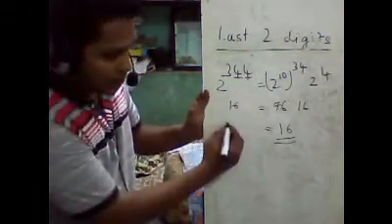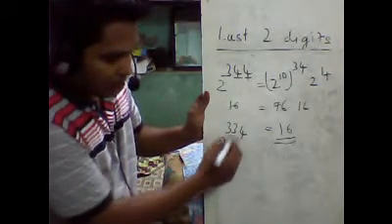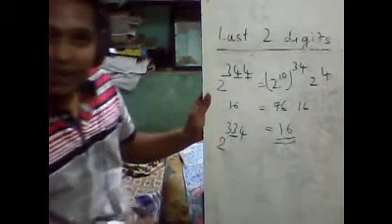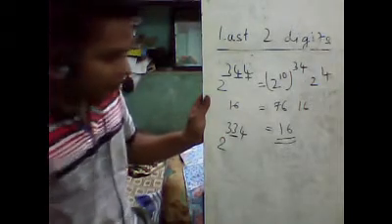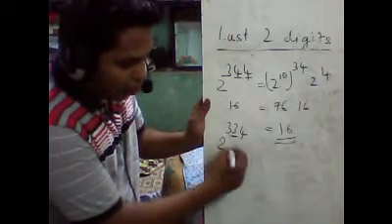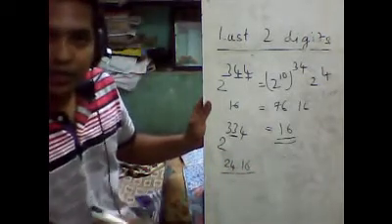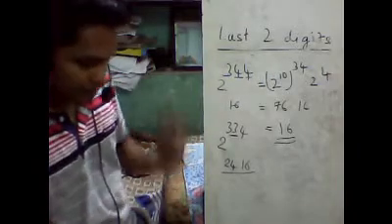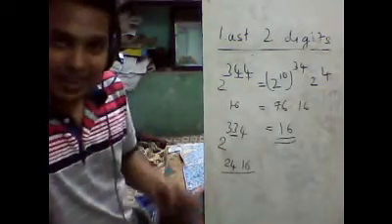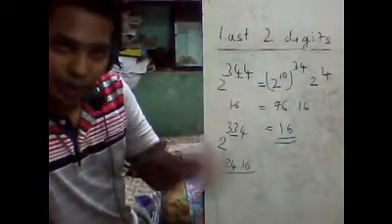And if it is an odd number, as in 2 to the power of 334, if the second last digit of the exponent is an odd number, it is 24 into 2 to the power of 4. 24 into 16 is something which we need to multiply. I guess it is clear how to find the last two digits of any even number raised to any power.